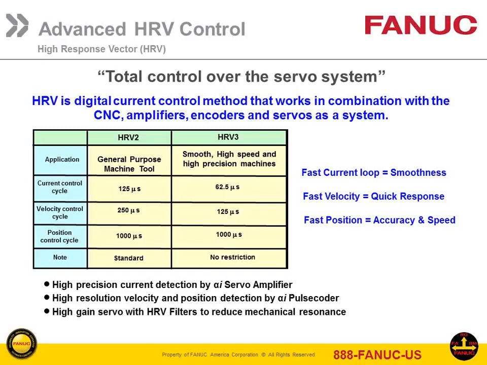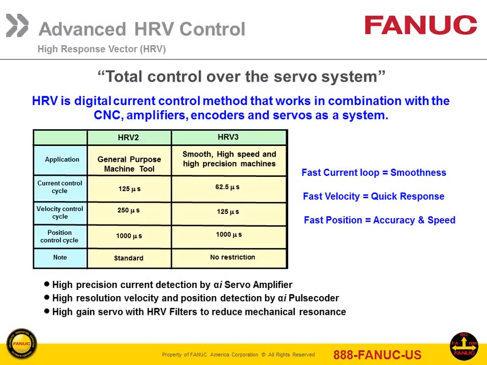It's the entire system, because HRV is a digital current control method that works in conjunction with the CNC, the amplifiers, the encoders, and servos as a system, not just by themselves. So not only can we make the part fast, we can make it smooth, and we can make it accurate. And we can do all that together, because everything is tied in together.